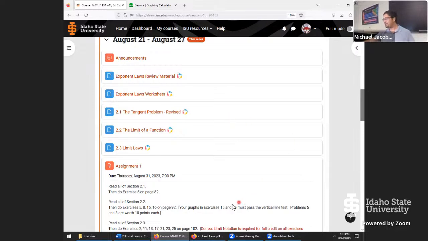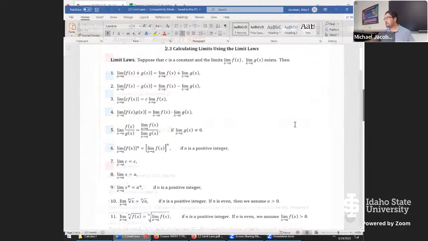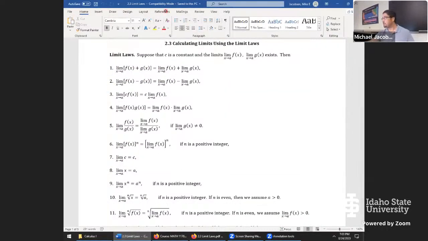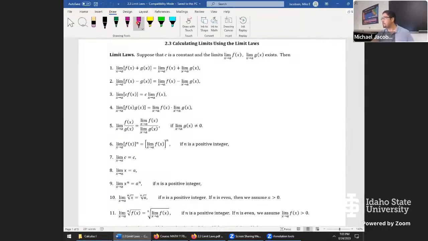Well, I think we're ready to finally dive in. The major thing about these limit laws is this statement right here that we mentioned. There are 2 functions being discussed in all these limit law properties, but the underlying assumption is that the limit of f of x and the limit of g of x as x tends towards a both have to exist, meaning they come out as a finite number, no infinities, positive or negative.